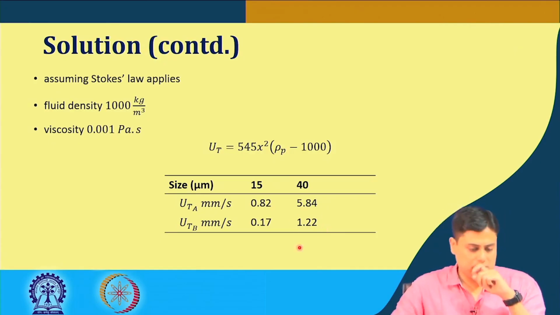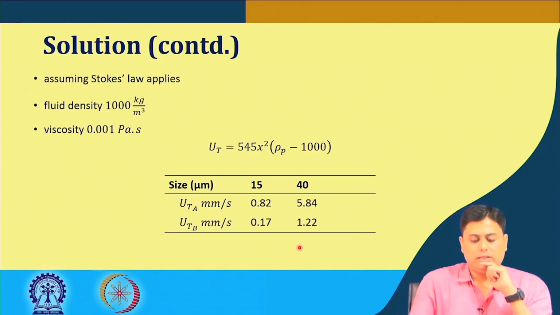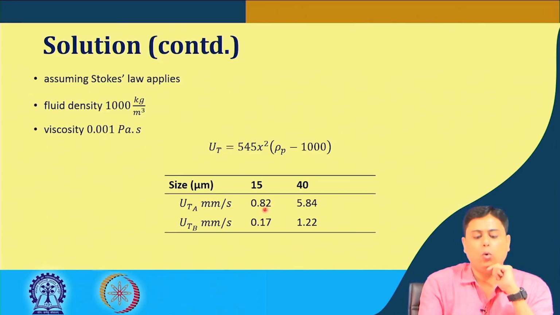Now if we look at this point very carefully, you will see that there is an overlap of the terminal values. For material A it starts from 0.28 to 5.84, okay, and for B, 0.17 to 1.24. So there is an overlap of these values.